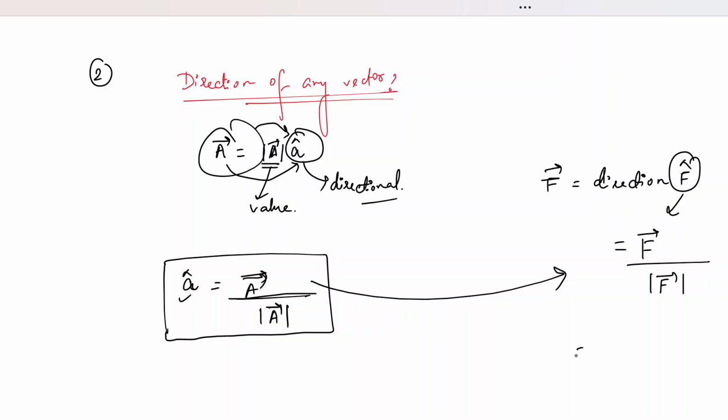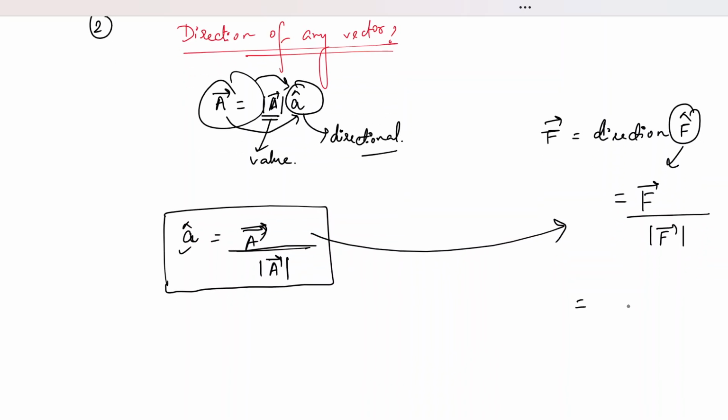Okay. Now you see what is the expression of f given in your question. It was minus 3x cap, sorry, minus 2y cap plus 6z cap, divided by the modulus of f. So how do you get that? You take a square root, and you take each individual component along the x, y and z directions, each component's whole square.